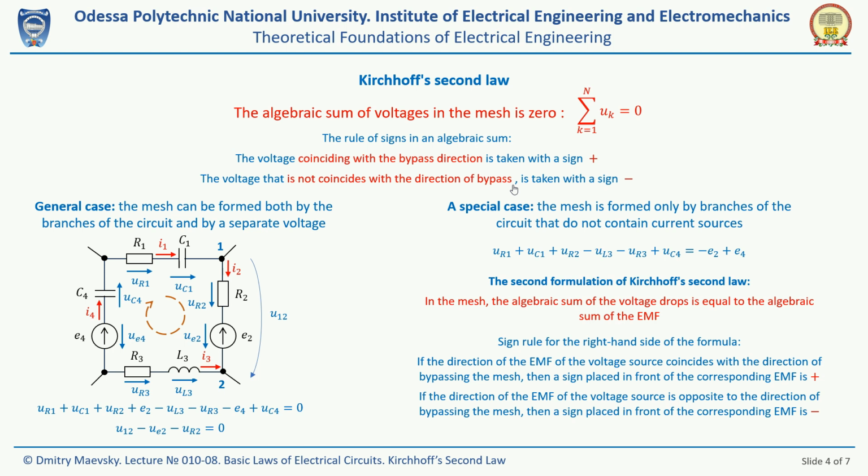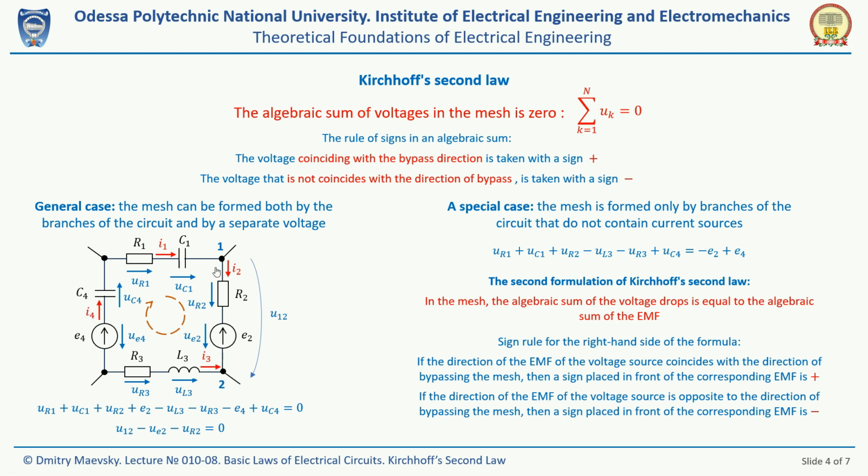Consider, for example, this mesh. This mesh consists of 4 independent branches. You can see the elements of the branches of this scheme. Let us say we know the directions of current in each branch of this scheme.